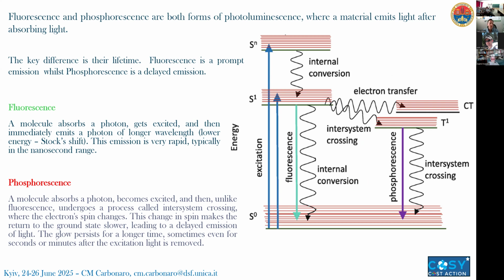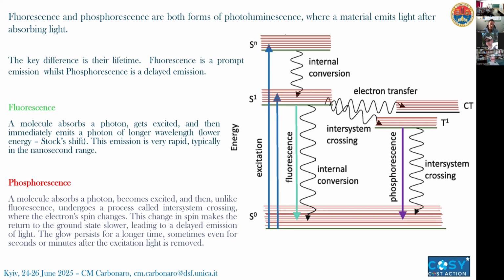In particular, phosphorescence has a quite longer time. There is a persistence of the glowing, so we have the emission, and all of us know that we could have phosphorescence even for seconds or minutes after the excitation light is removed.